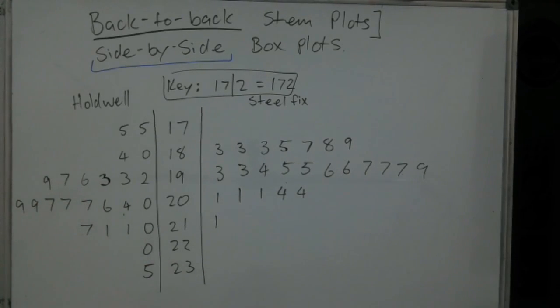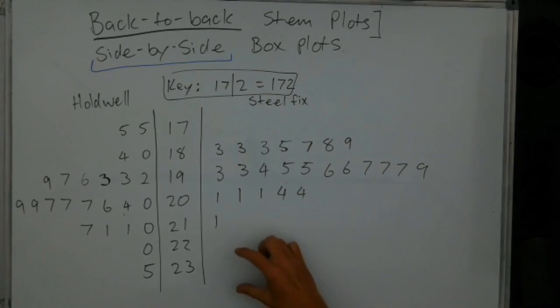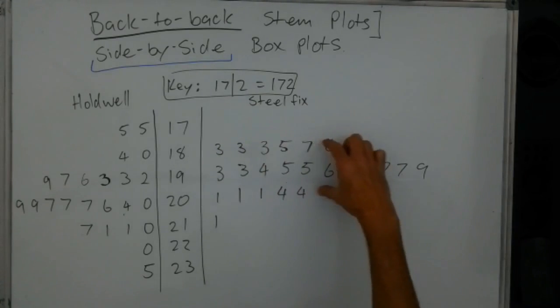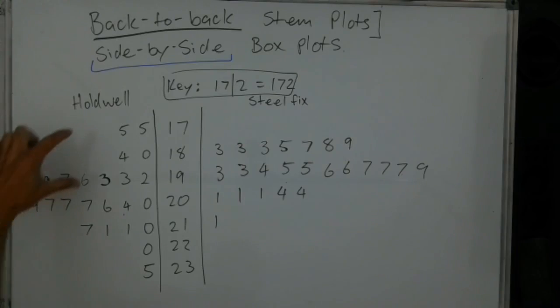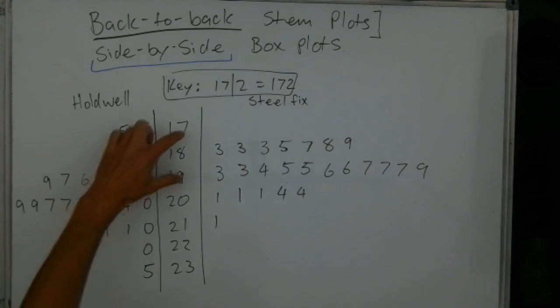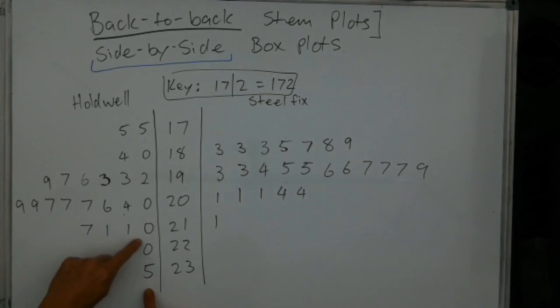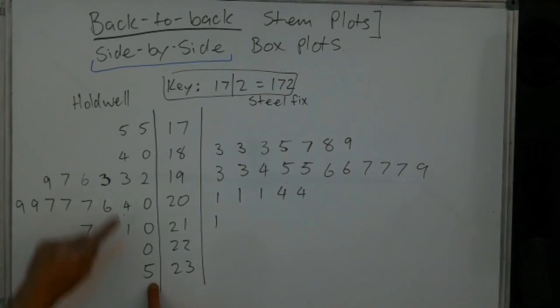There we go. So, as you can see, SteelFix, most of the data is clustered in this little area here. Holdwell, their data is a little bit further up the scale, but they have more values at this top end and more at the lower end.